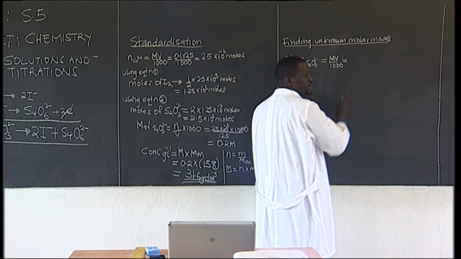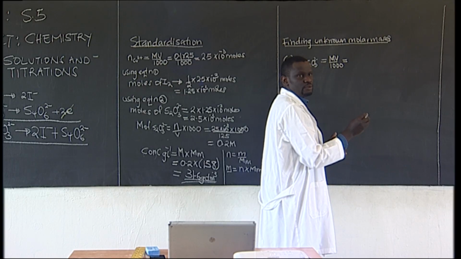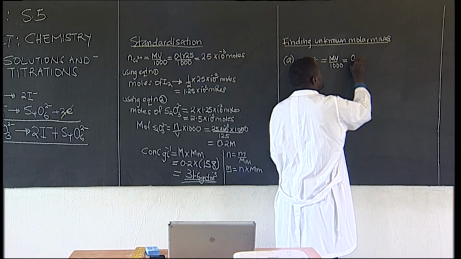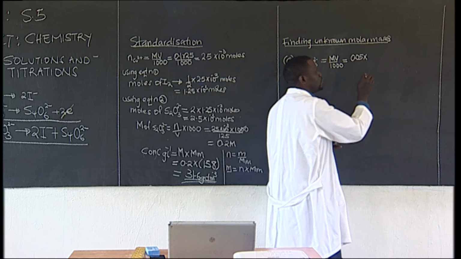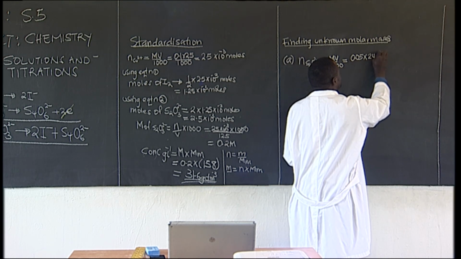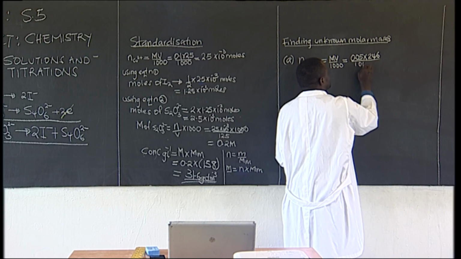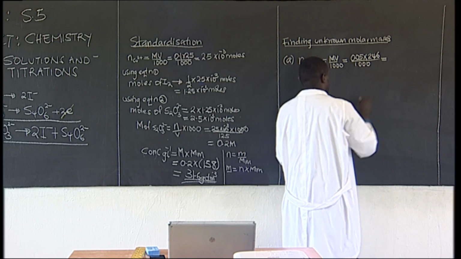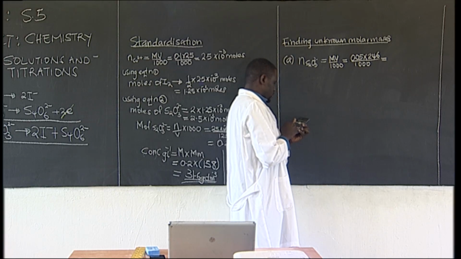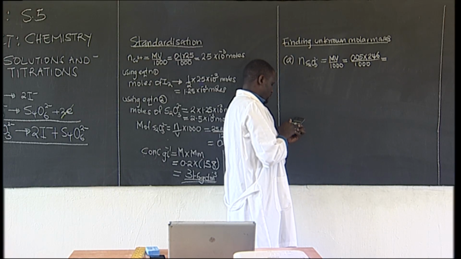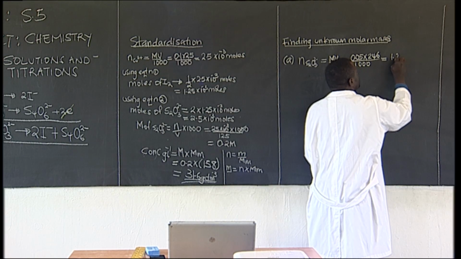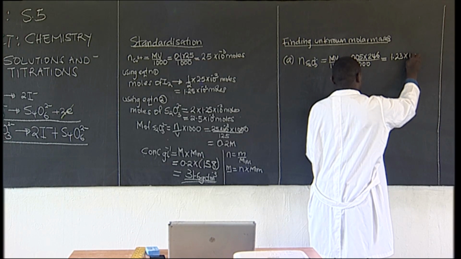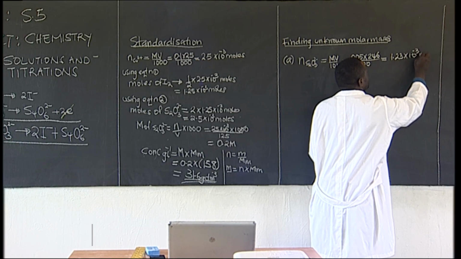We have molarity 0.05 times the volume, which is 24.6 over 1,000. So our answer will be 1.23 times 10 to the power -3 moles.